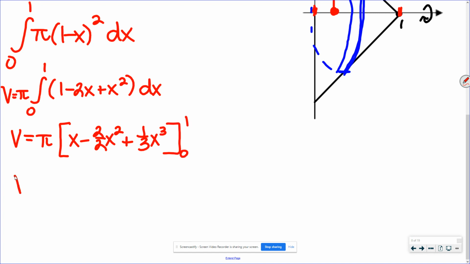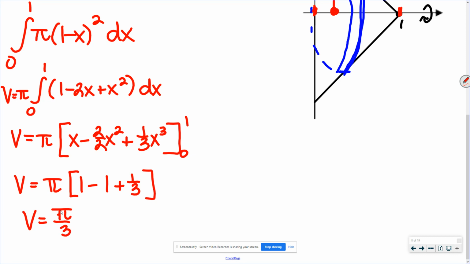I feel like from here you guys are probably just fine with evaluating your integrals, so feel free to fast forward if you would like. So the answer for this one is looking like pi times 1/3, so pi over 3. So the volume of this 3D shape would be pi over 3.